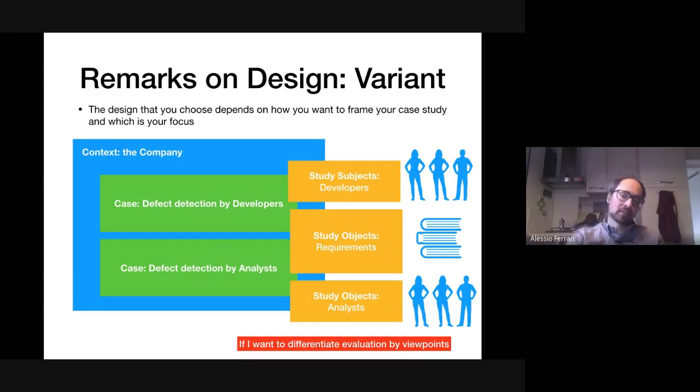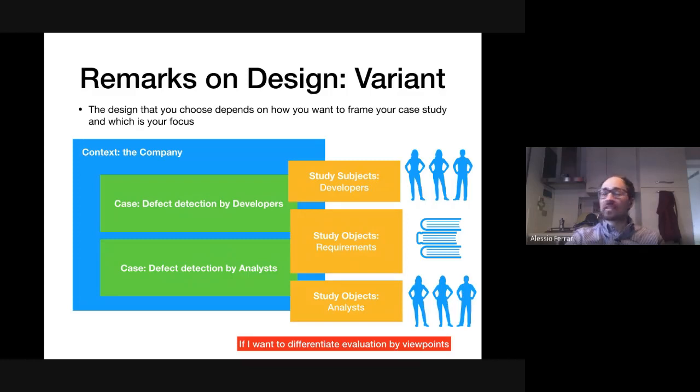So you keep the same requirements, but they are analyzed by developers and analysts.